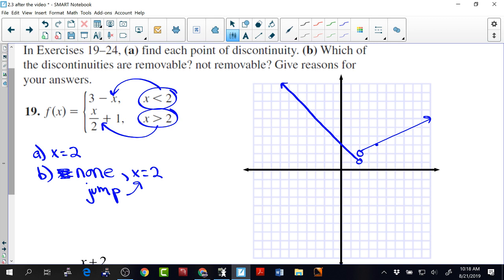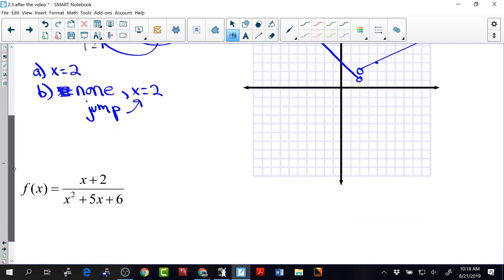I had a question last period on the homework, and I'm done with that problem, but I'm going to use the graph. Let's say the graph looked like this. Open dot here, and then maybe a line there. This has nothing to do with the previous problem.